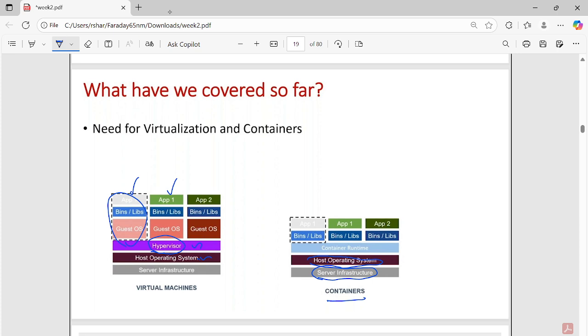What we have here is a container. The container acts like a bundle where all the dependencies are bundled into one entity, and it is running on a container runtime.